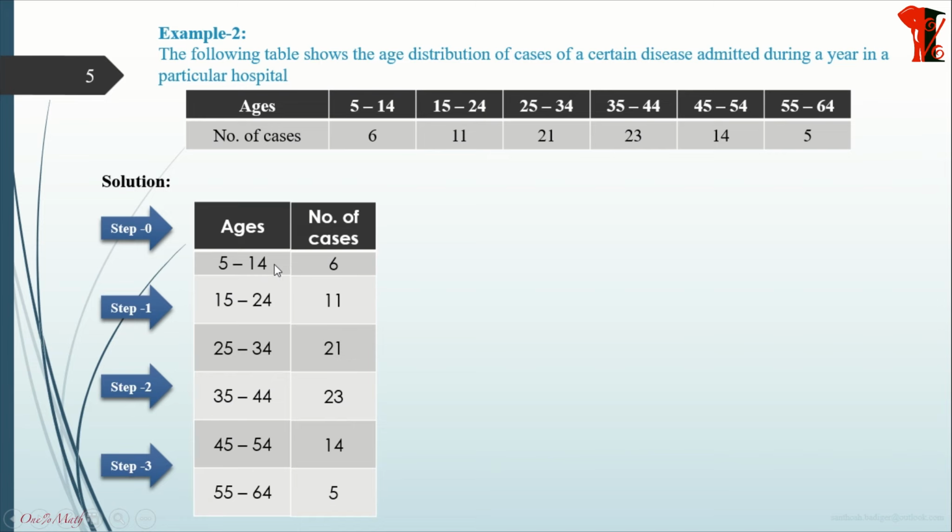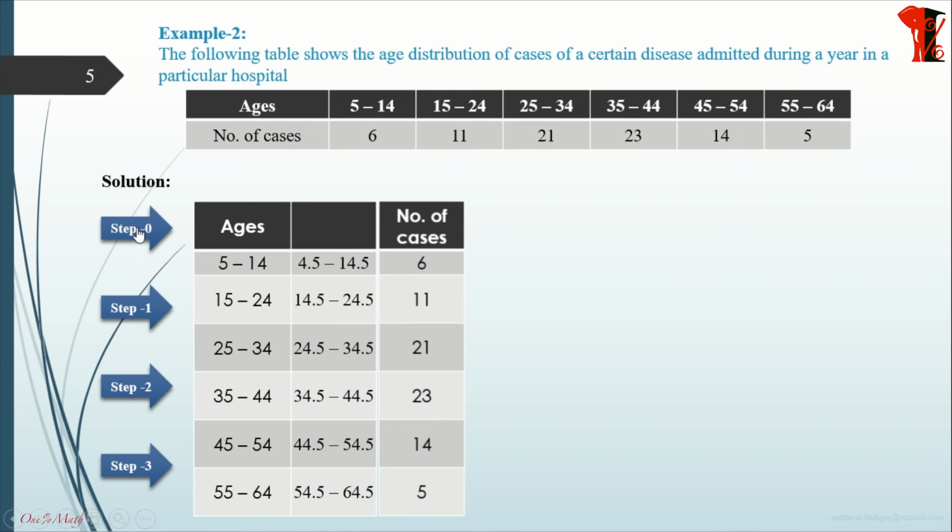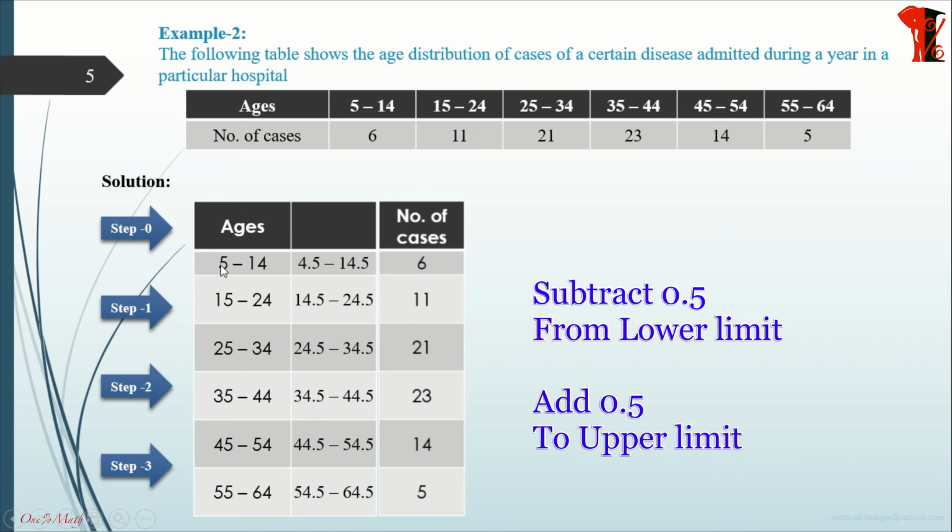For that, you can see what is done here. 5 has become 4.5, 14 has become 14.5. That means from the 5 I subtracted 0.5 and to the 14 I added 0.5. Same way I subtracted 0.5 from the 15 and added 0.5 to the 24.